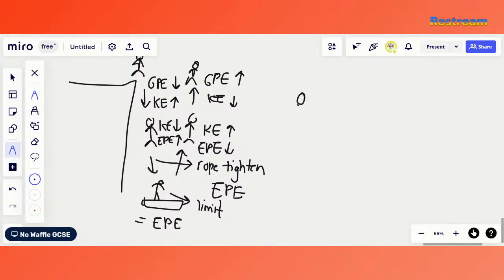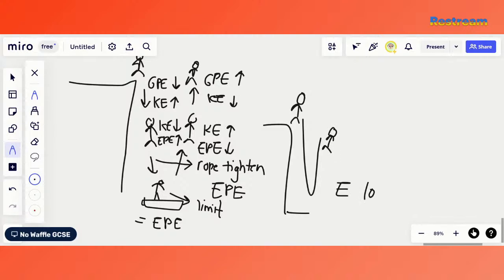So if a person jumped from here, why do they never end up rebounding to that same height? Why do they end up only rebounding here? And you can say energy is lost in friction with the air, and friction with the air is called air resistance.